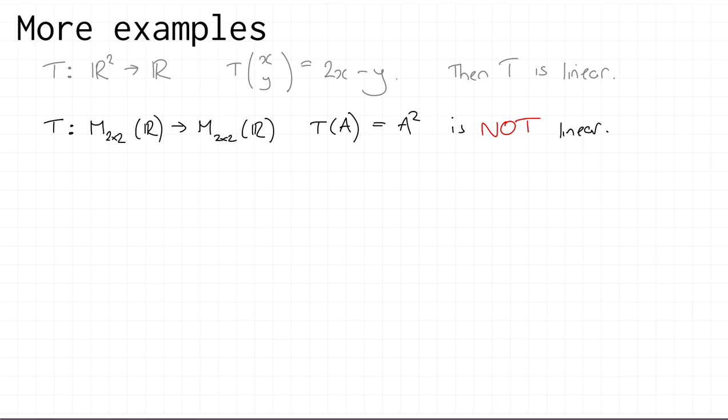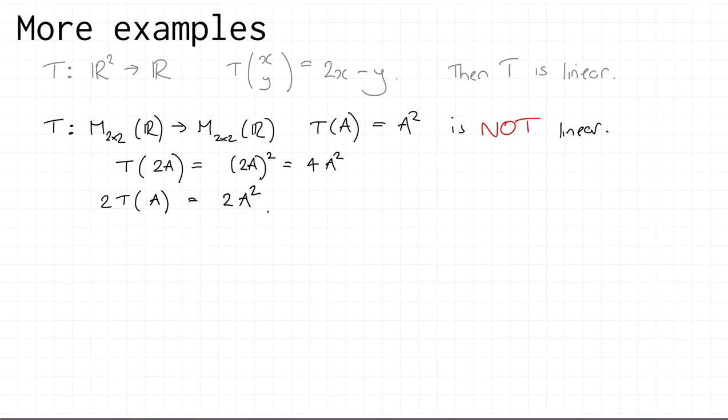So let's look just at an example. If you looked at, for example, T of 2 times A for some non-zero matrix A, then that would be 2A squared, and that's the same as 4A squared. But in general, that's not going to be the same as 2 times T of A, which is 2 times A squared.